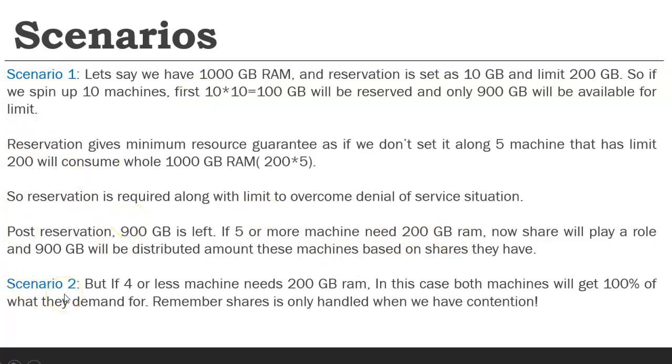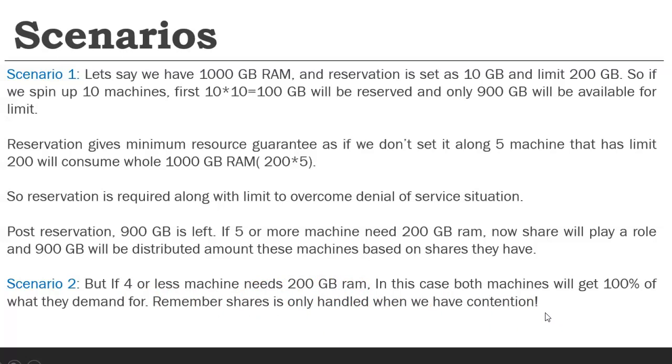In scenario 4, let's say there are 4 machines requesting 200 GB RAM and 100 GB is already reserved as a reservation. Then each will get 100% of the resources because the demand is less than the resources we have. So remember, shares are only handled when there is resource contention.